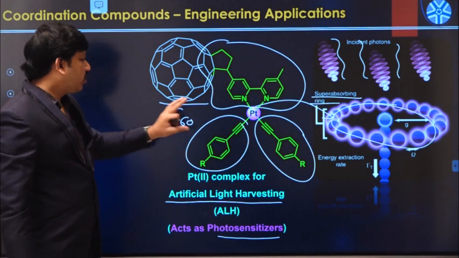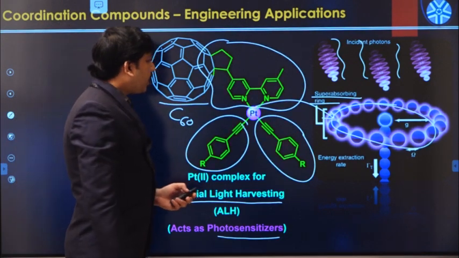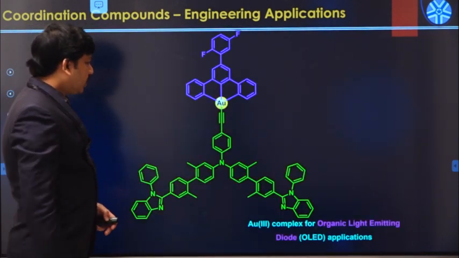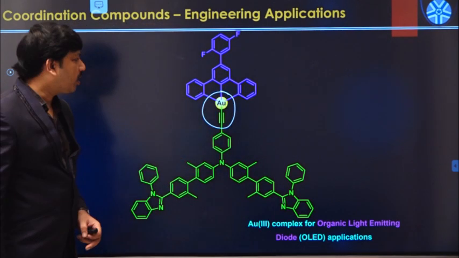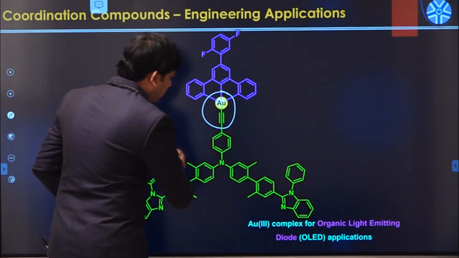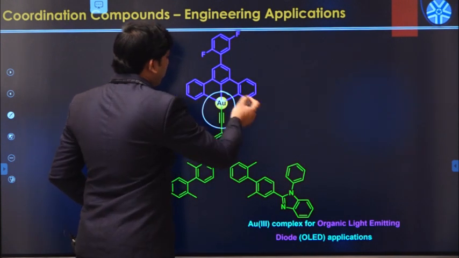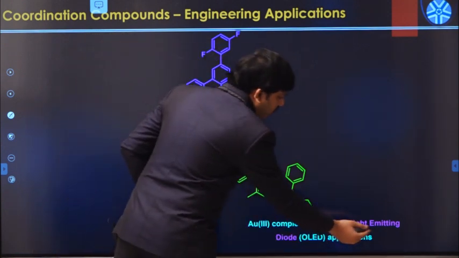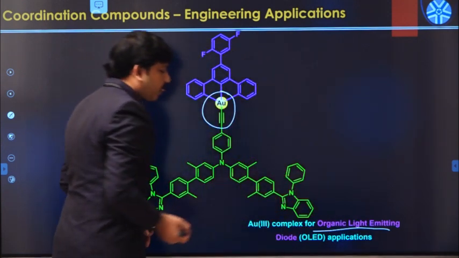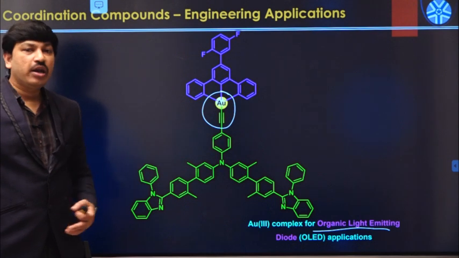engineering applications. Another example: here you can see some RM3 complex, specially designed, with specially designed ligands acting as ligands. This RM3 complex was particularly developed to make organic light emitting diodes.